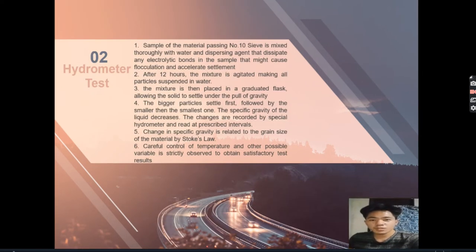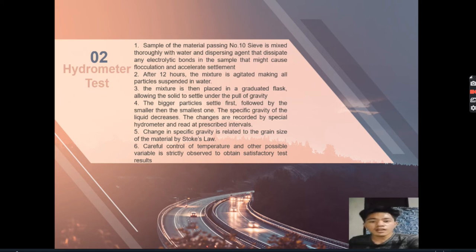Test. Number 1. A sample of the material passing the number 10 sieve is mixed thoroughly with water and a dispersing agent that dissipates any electrolytic bonds in the sample that might cause flocculation and accelerated settlement. Number 2.